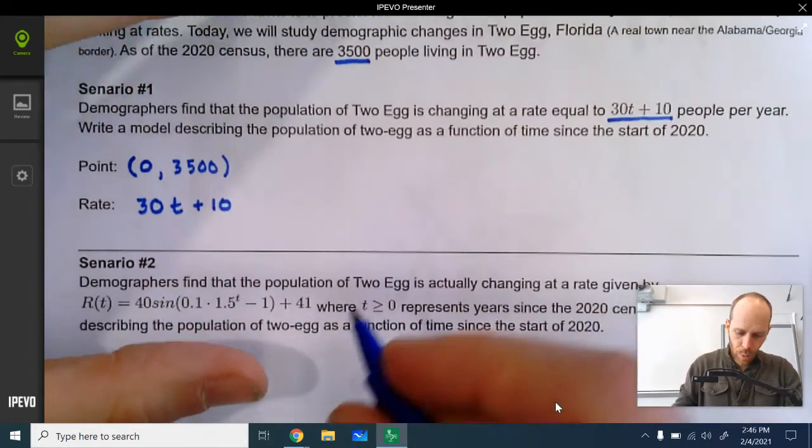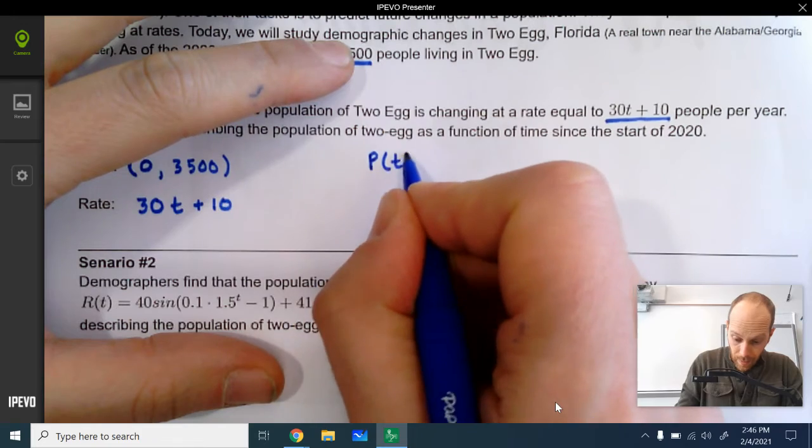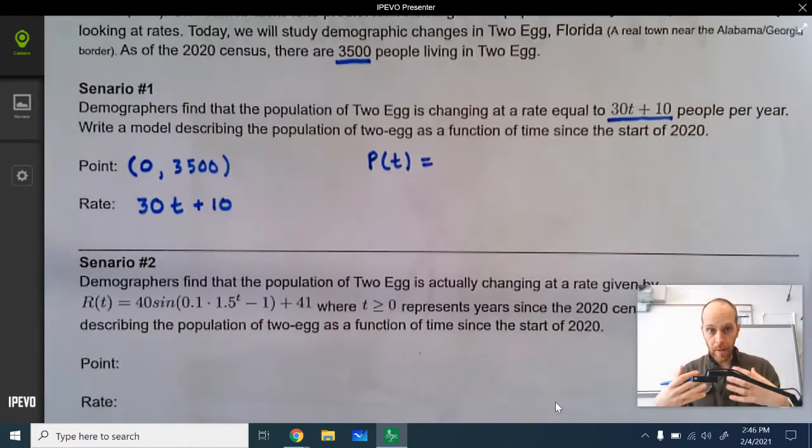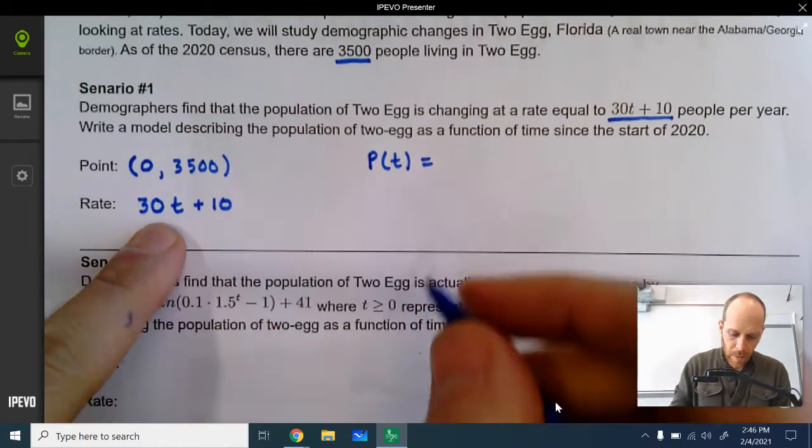So if we wanted an equation in this case, couldn't we just take the antiderivative? The antiderivative of the rate would give you the actual function. Let's see, what would that be?